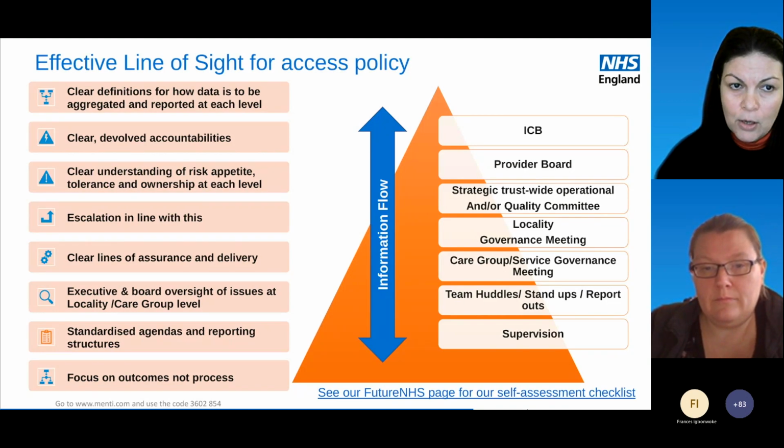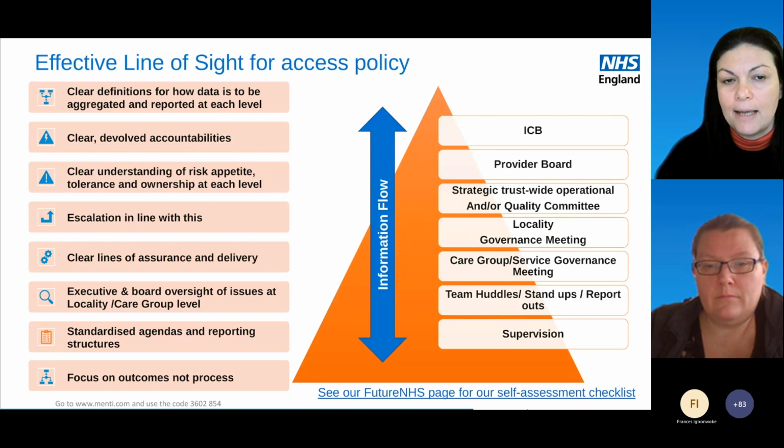at an ICB level. So when it comes to data, as we said already, it's really important to have a clear definition of how data is aggregated, but also reported at each level. It's also really important to have very clear accountabilities as to who is doing what, who's collecting what, again, at each level.